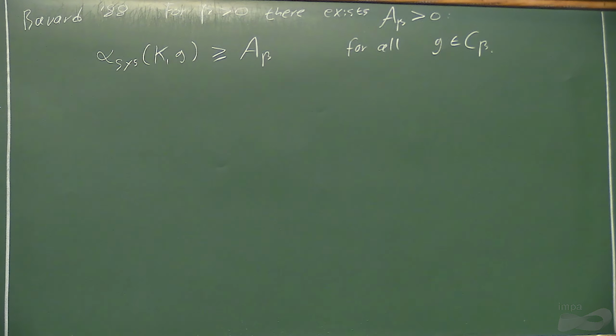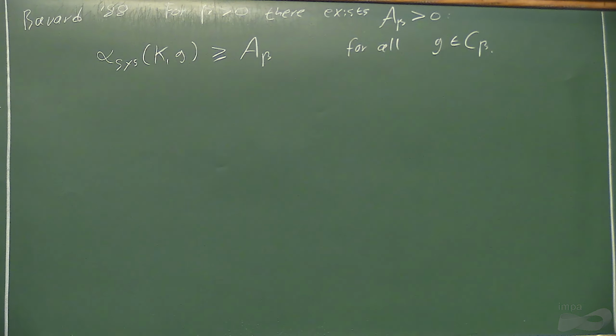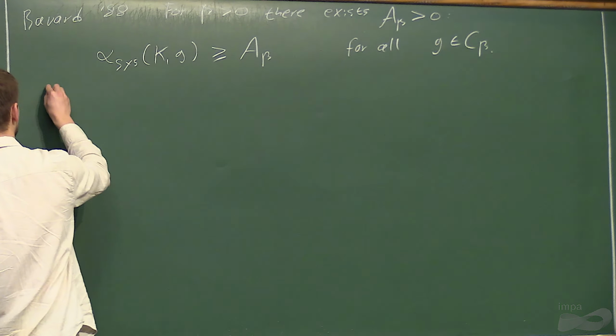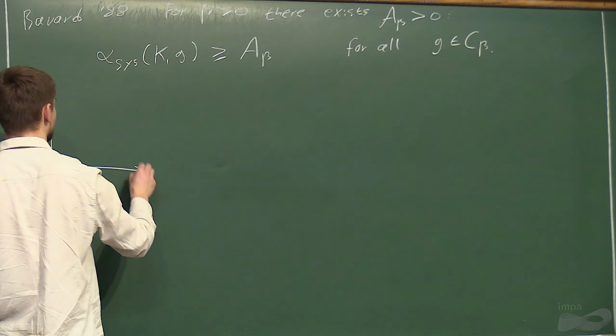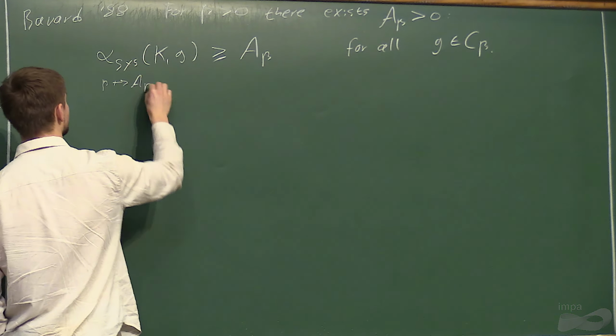So if we allow non-smooth conformal factors, this inequality is sharp or can also be achieved. And the explicit minimizers are something which we will also see, if I have time, some of the constructions today. And it's also quite interesting to look at the graph of this function beta maps to A beta.